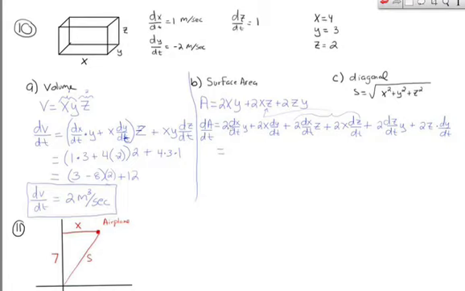I've got 2 times dx/dt, which is 1, times y, which is 3, plus 2x dy/dt, plus 2 dx/dt z, plus 2, x is 4, dz/dt is 1, plus 2, dz/dt is 1, y is 3, plus 2 times -2.